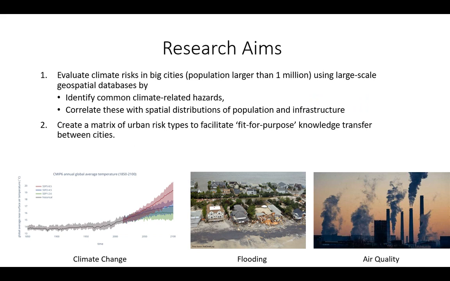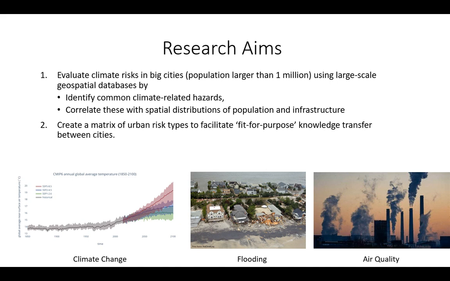Our research aim is to evaluate urban risks based on all the available worldwide data sets, in all the large cities whose population is larger than 1 million, and to create a metrics of urban risks to facilitate knowledge sharing and to compare urban risks in different cities.